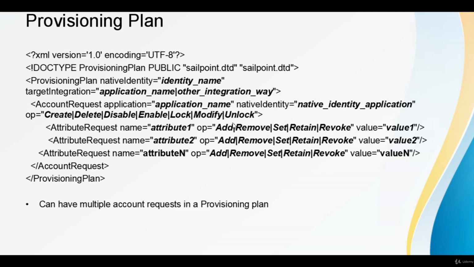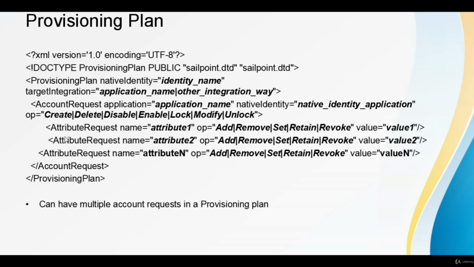So in case of create, let's say we are trying to create an account. In that scenario, the operation will be add or set, and we can pass the attribute name and value.